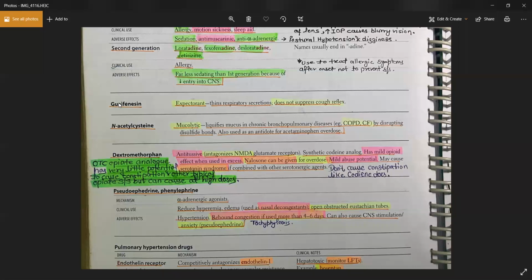I accidentally said that name previously, if anyone noticed: guanfacine. So guanfacine, remember, is for the alpha, while guaifenesin is for the thinning of the secretions. Don't get confused between the two. They have very similar names, guanfacine, guaifenesin, right?